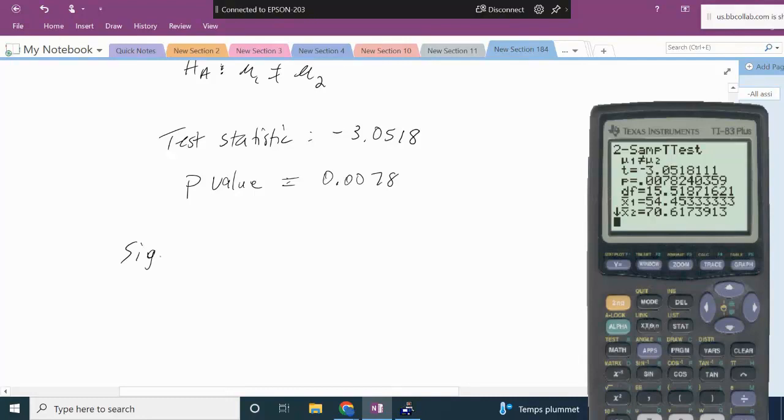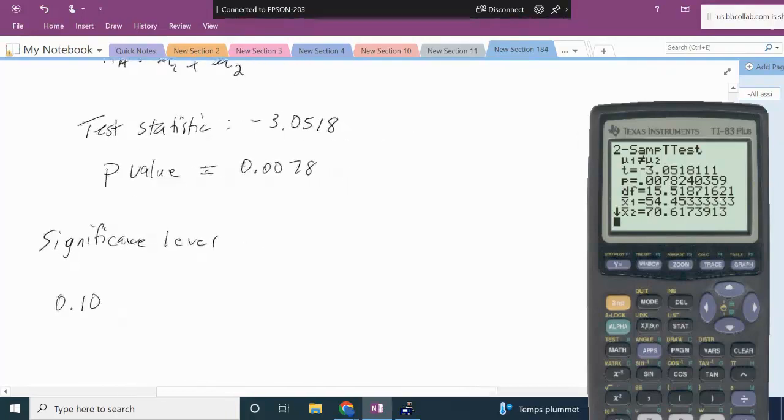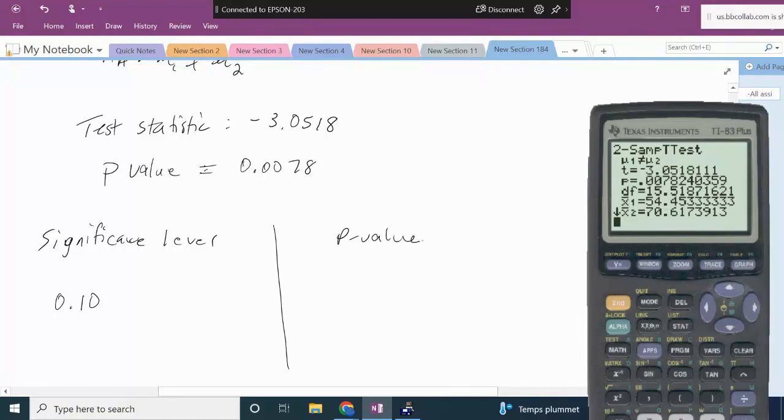So here we have the significance level is 0.10. And we have the p-value is 0.0078.